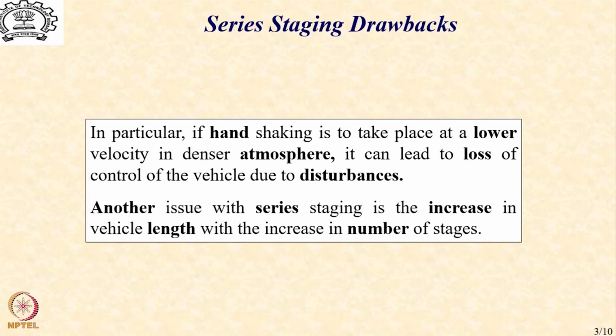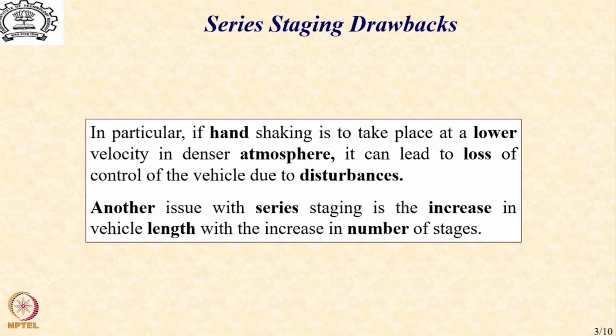There is another issue which we have not explicitly discussed, but it is evident from the overall strategy of series staging, that as you add number of stages in a serial manner, you also add to the overall length of the vehicle.